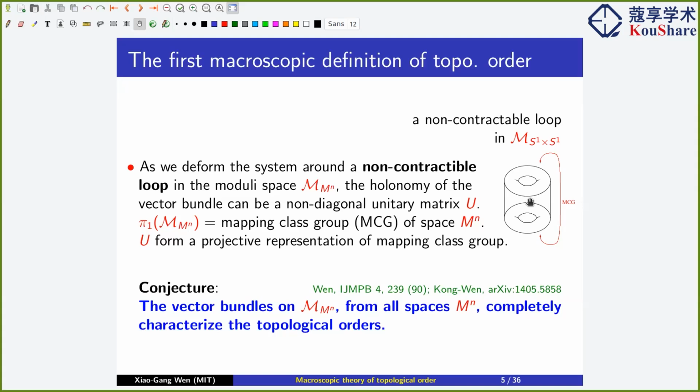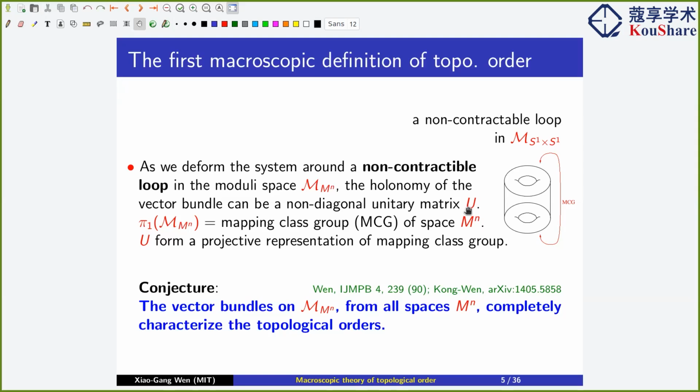Right now, when people use this ground state degeneracy as protected qubits to do quantum computation, if your space doesn't have a boundary and you don't have a quasi-particle, then you can do this kind of non-contractile loop to do the computation. The issue is whether these unitary matrices are powerful enough, whether their products can generate a dense set of unitary matrices.